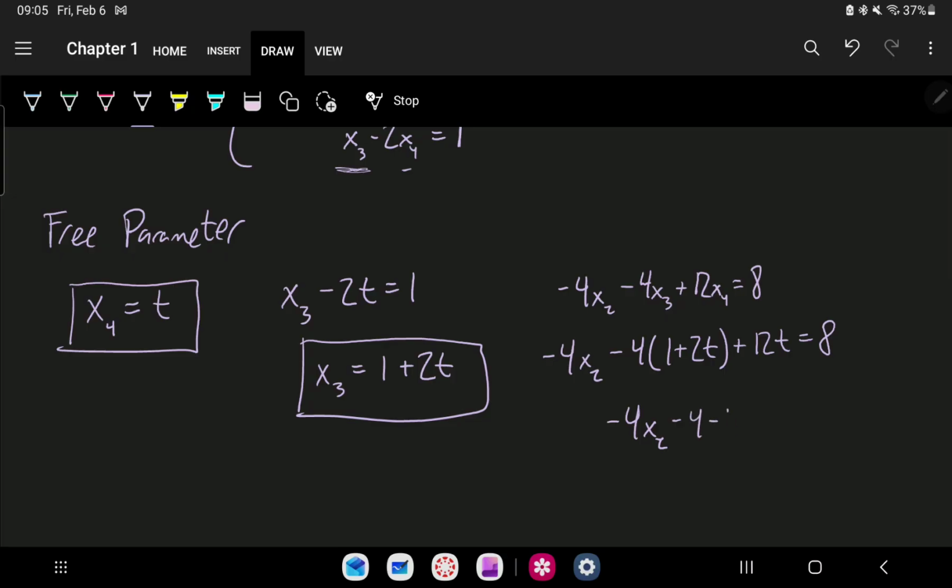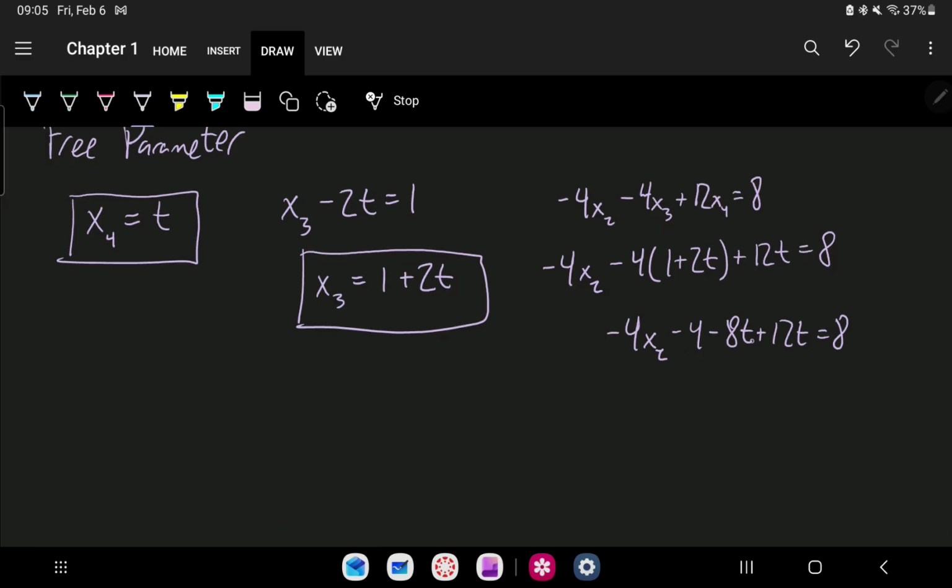Minus 4 minus 8t plus 12t equals 8. 12t minus 8t is 4t, and then I can add 4 to both sides to give 12.